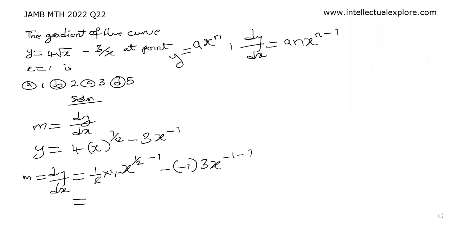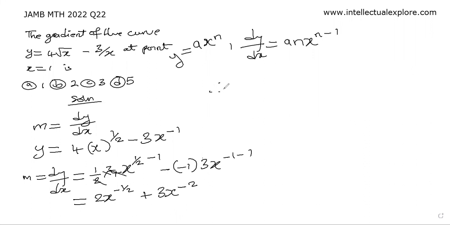So this will be equal to, 2 will cancel 4 here, 2. This will be 2x raised to the power of a half minus 1, which will give you minus a half. Okay, then minus times minus here will give you plus 3x raised to the power of minus 2.